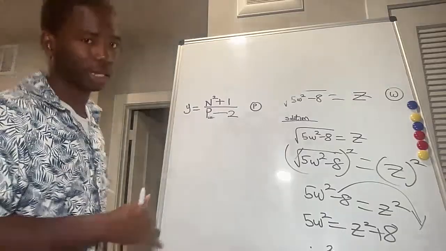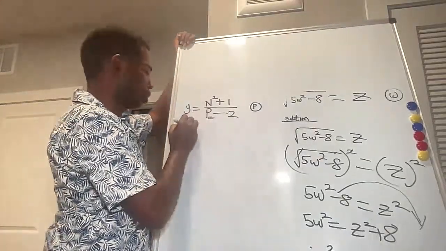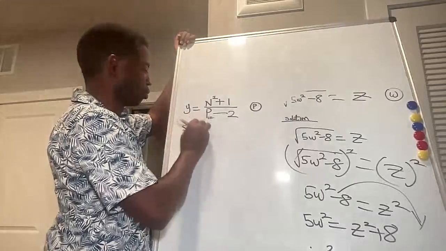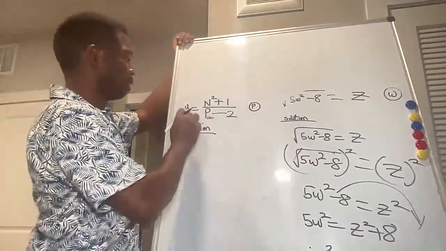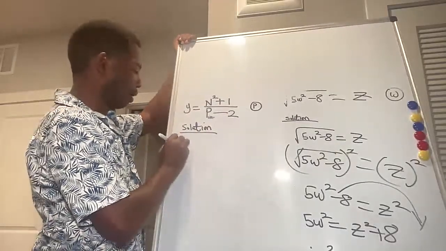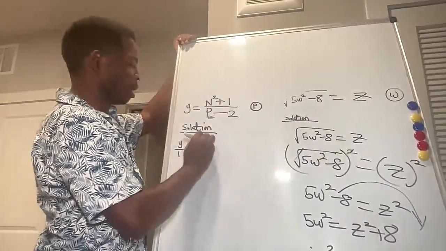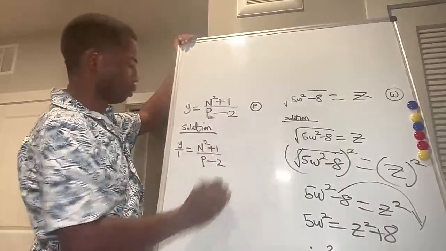Okay, let's solve it together. We are told to make P subject of the equation. So it will be y over 1 is equal to n squared plus 1 over p minus 2.